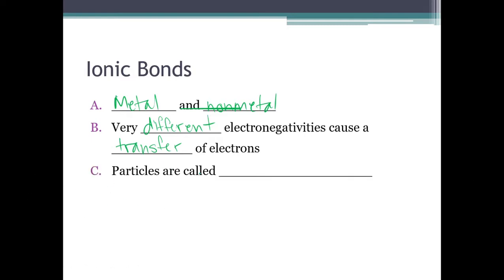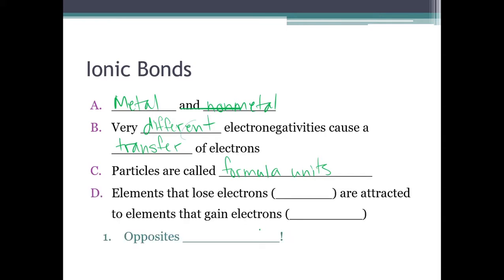The particles of ionic bonds are called formula units. Remember, that's the smallest representative particle of an ionic bond. And the reason that a bond forms when electrons are transferred is that elements that lose electrons, remember those are your metals, are going to be attracted to the elements that gain the electrons.